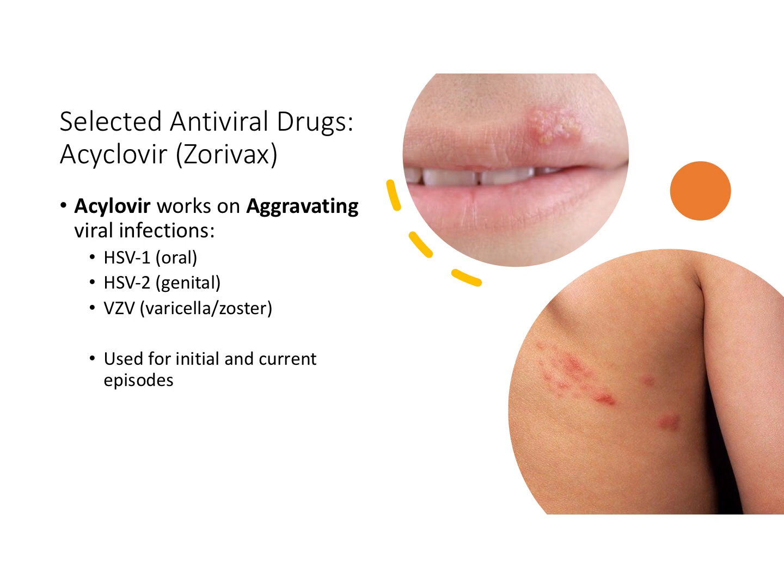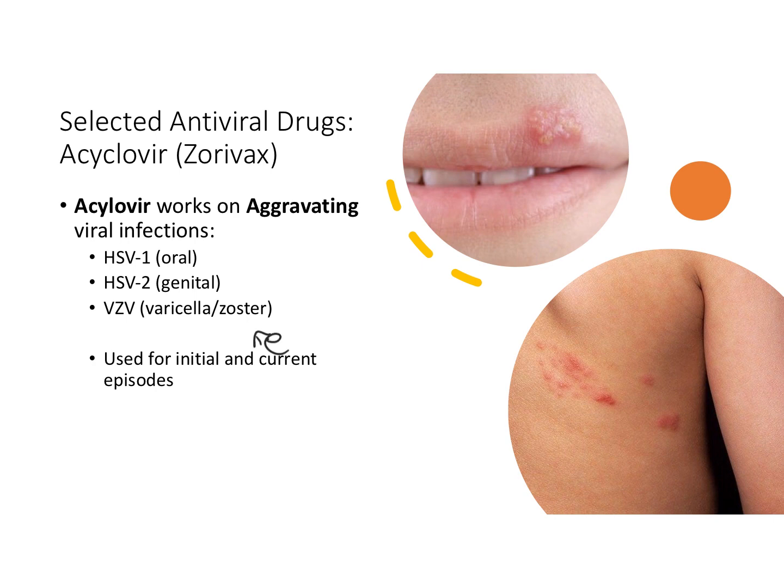The way to think about that is acyclovir works on aggravating viral infections. So HSV1, 2, and zoster or shingles, all of those are painful and often itchy. And so think about that as when you have an itch, it's aggravating. And it's used for initial and recurrent infections.